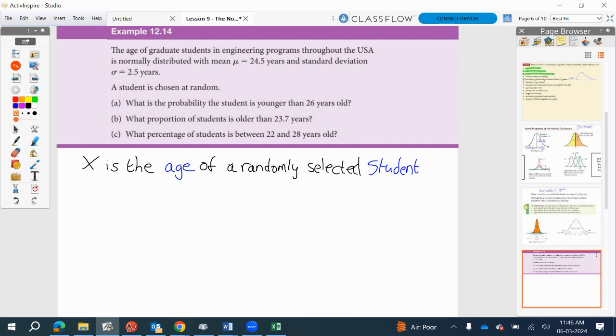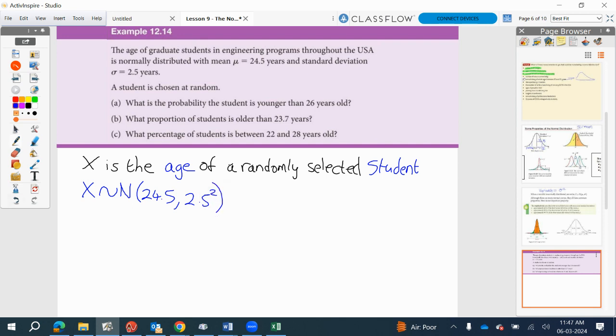Then you need to show the distribution. You say that x is distributed normally, and you have to quote mean and variance. So the population mean is 24.5. The variance is 2.5 squared.